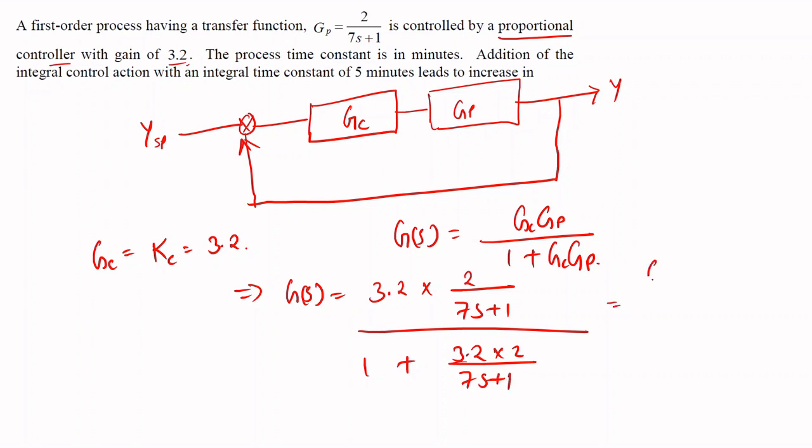So this will become 6.4 upon 7s plus 1 upon 7s plus 1 plus 6.4 upon 7s plus 1.